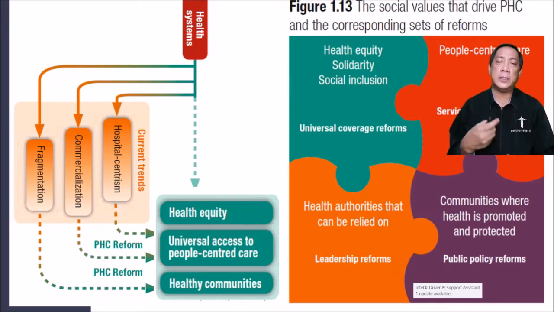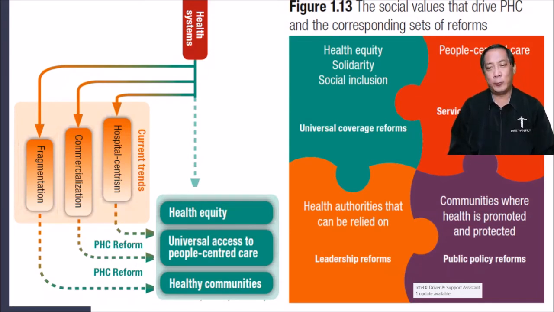And that would mean working for reforms, and those reforms would include health equity, solidarity, universal coverage reforms. That's why we have universal health care, people-centered care. There will be service delivery reforms. Of course, we have leadership reforms.